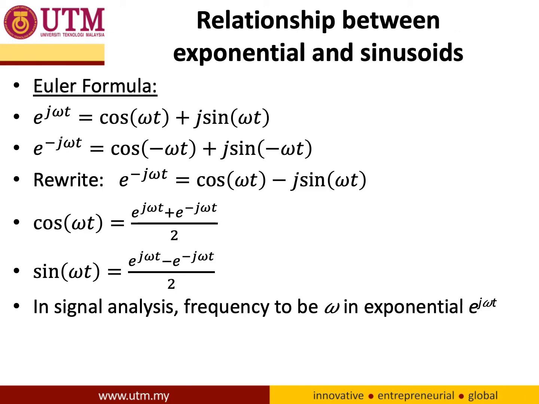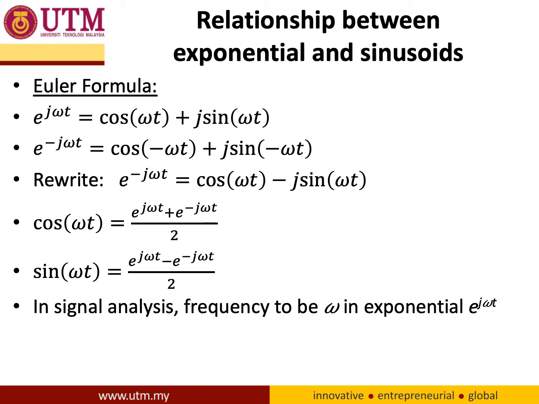Since we were dealing a lot with exponentials in Fourier series, let us recap the relationship between exponentials and sinusoids. Euler's formula, named after Leonhard Euler, is a mathematical formula in complex analysis that establishes the fundamental relationship between the trigonometric functions and the complex exponential function.